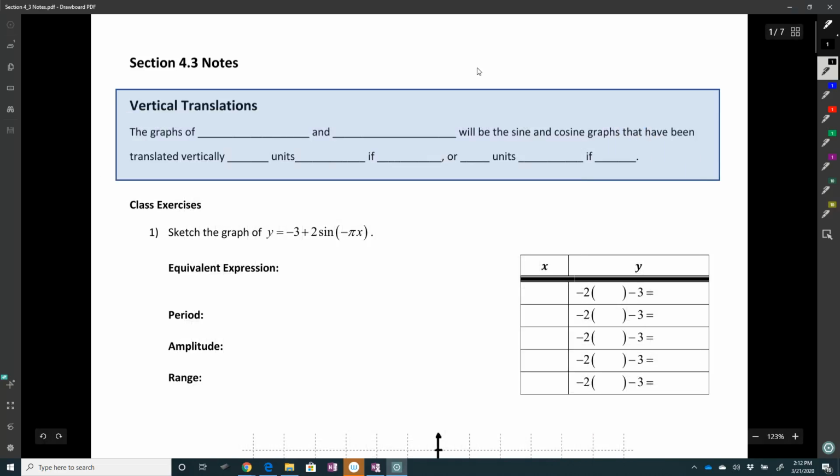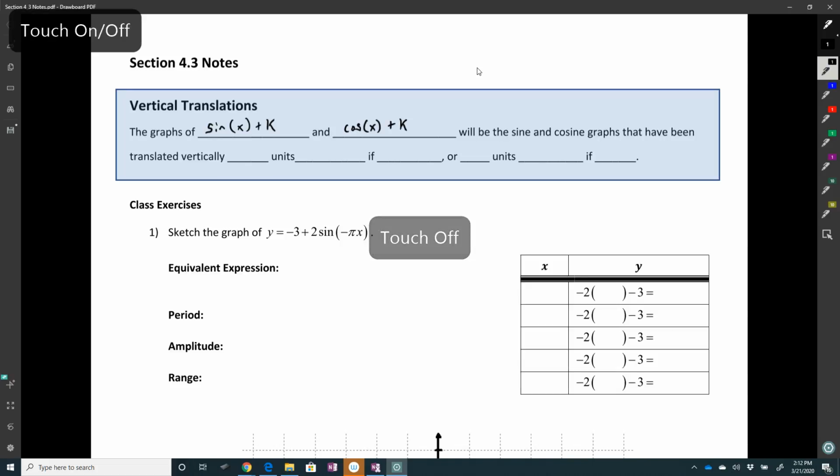the graphs of sine of x plus k and cosine of x plus k will be the sine and cosine graphs that have been translated vertically k units upward.